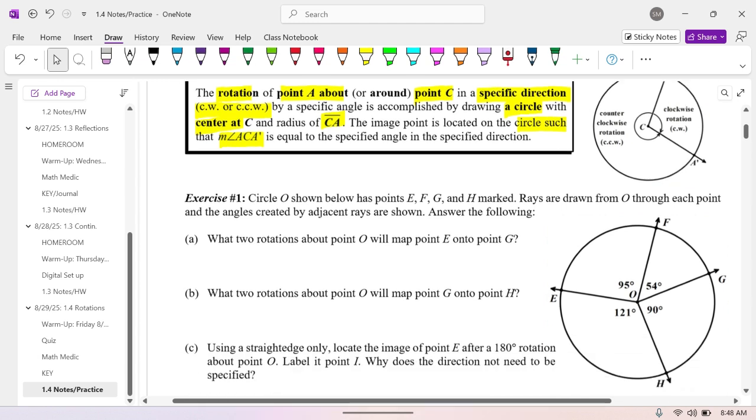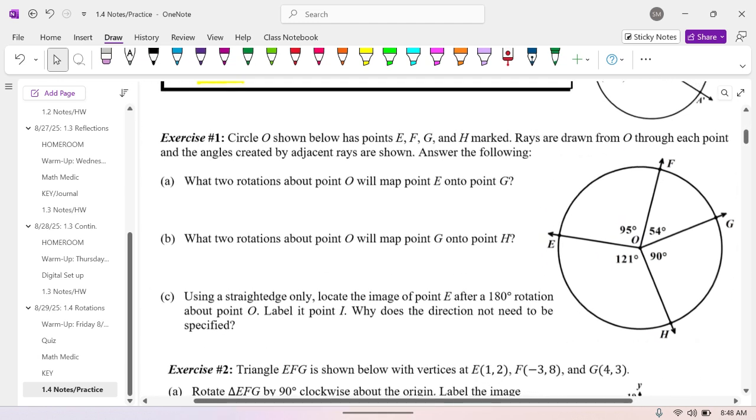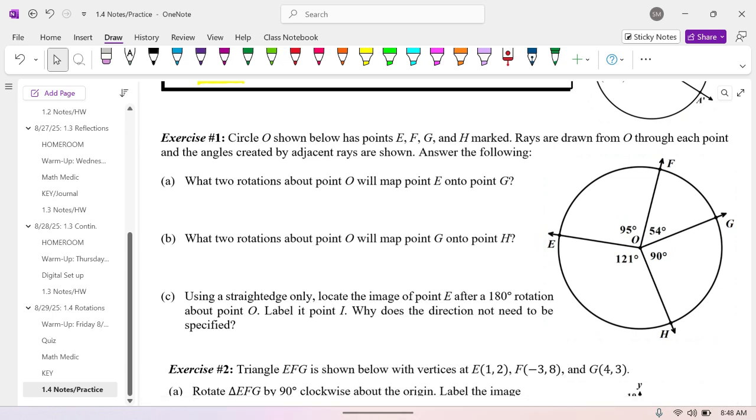So with this example, circle O is shown below with the points E, F, G, and H. Rays are drawn from O through each point, and the angles created by adjacent rays are shown. Answer the following. What two rotations about point O will map point E onto point G?